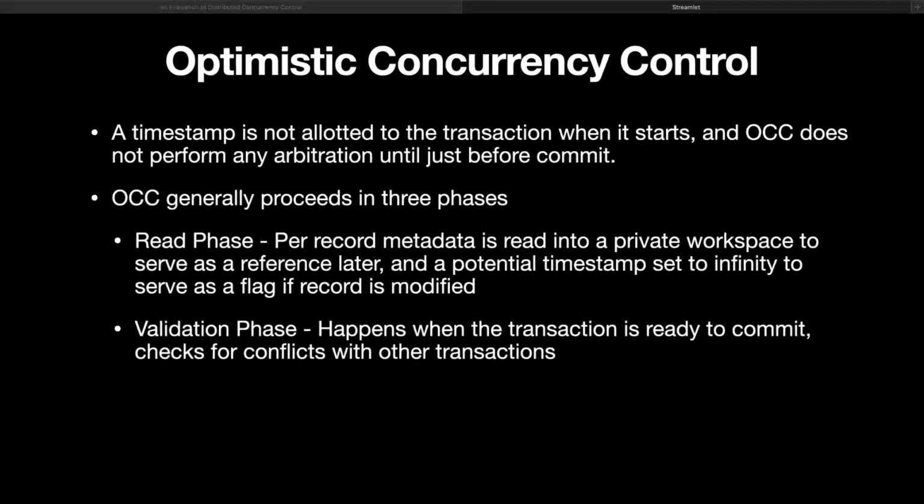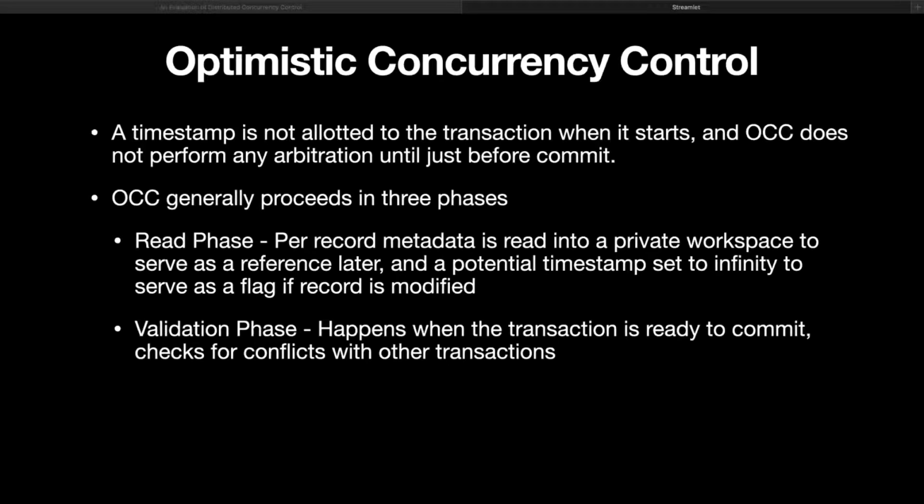So in the read phase, as you run operations, if you modify something, you set the timestamp in your copied reference to infinity. That is basically to say that a particular transaction modified that data.